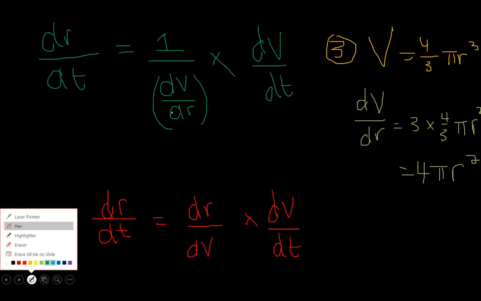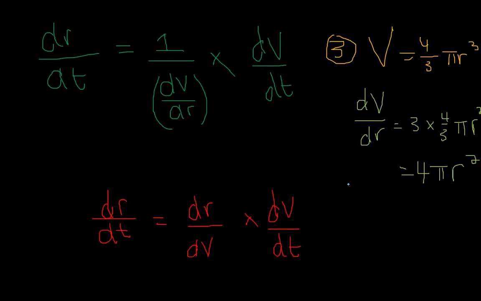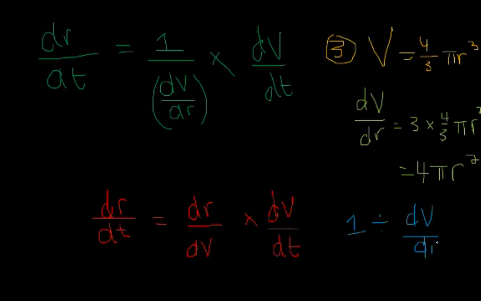In case anybody's not seeing this relation, how this is the same as this, let me just write it in blue over here. We know, so this is 1 divided by dV on dr. Let me just rewrite it like this: 1 divided by dV on dr. In primary school, you learned that when you're dividing by fractions, it's the same as multiplying by the reciprocal of the fraction. And what do I mean by reciprocal?